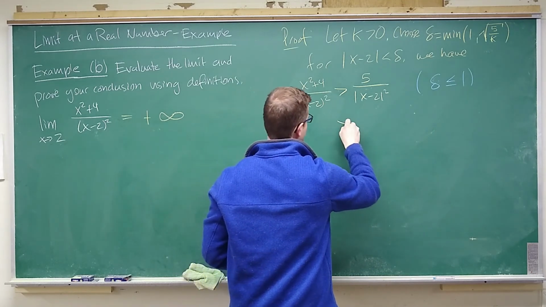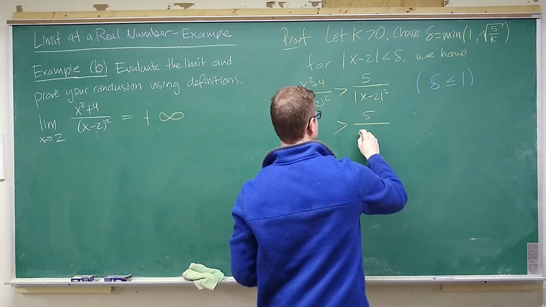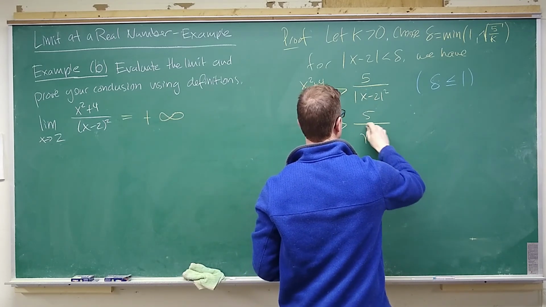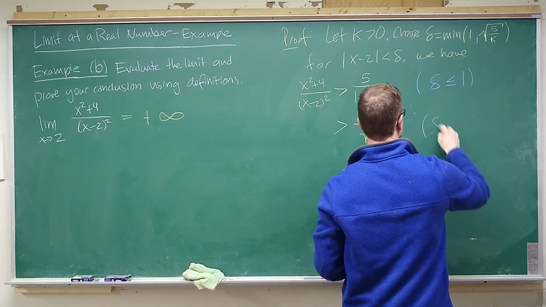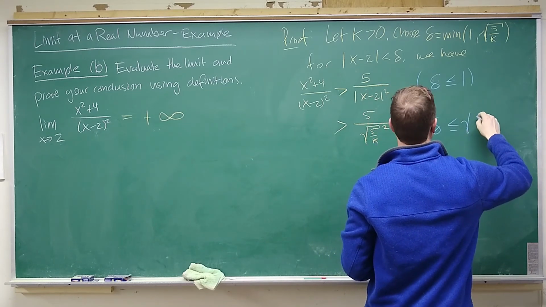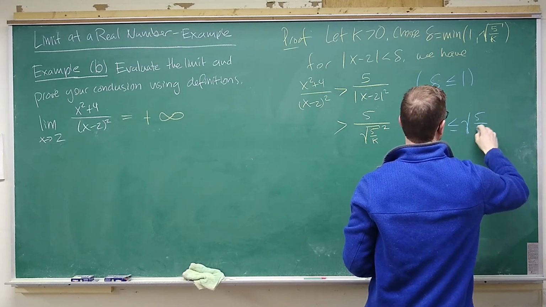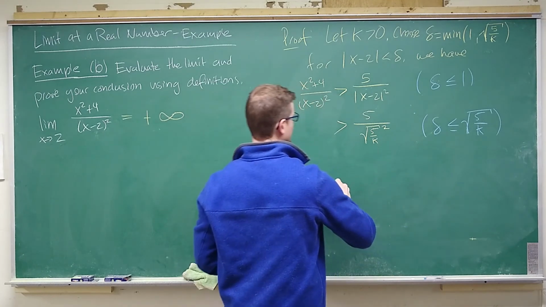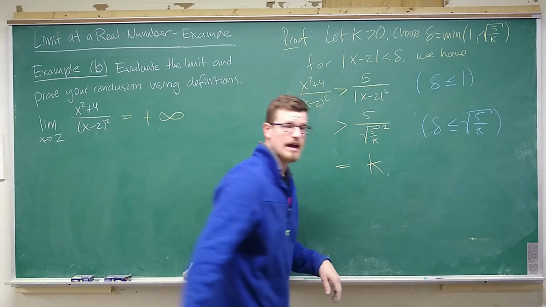And we have that this is greater than 5 divided by the square root of 5 divided by k squared, because delta is less than or equal to the square root of 5 divided by k. And this is equal to k.